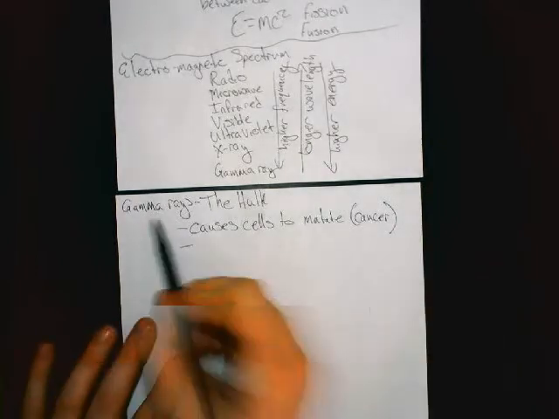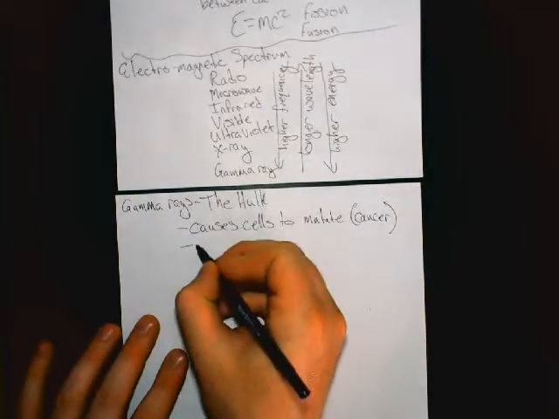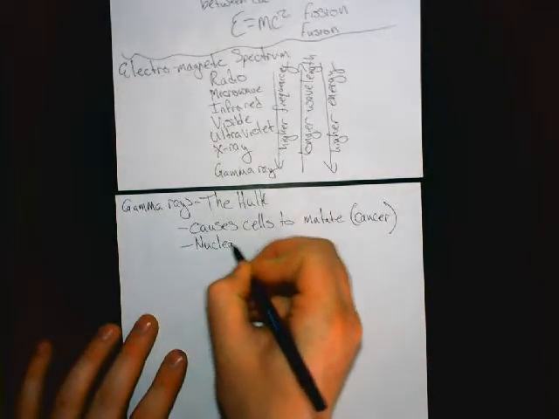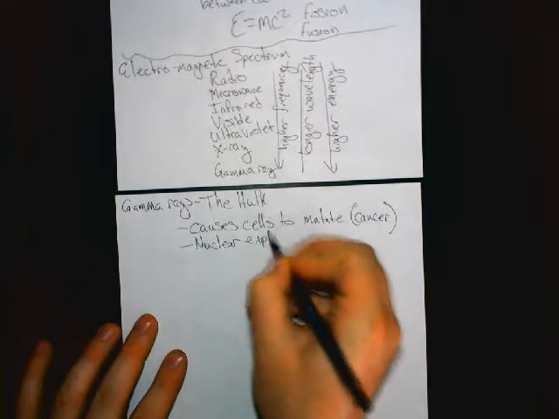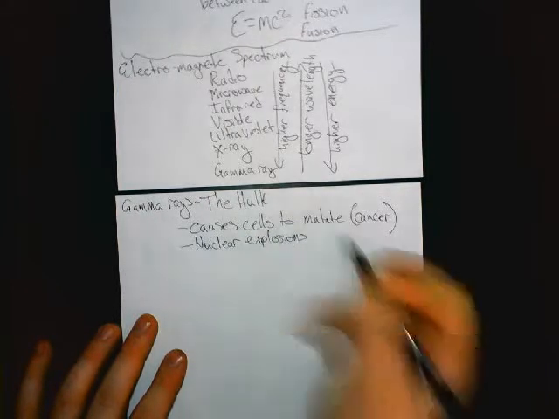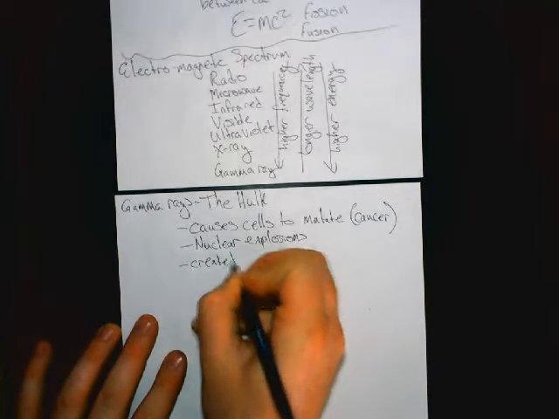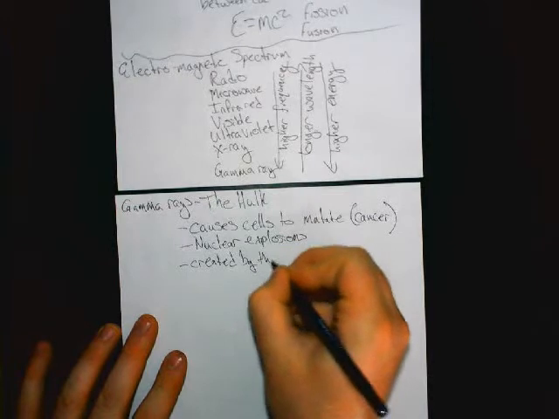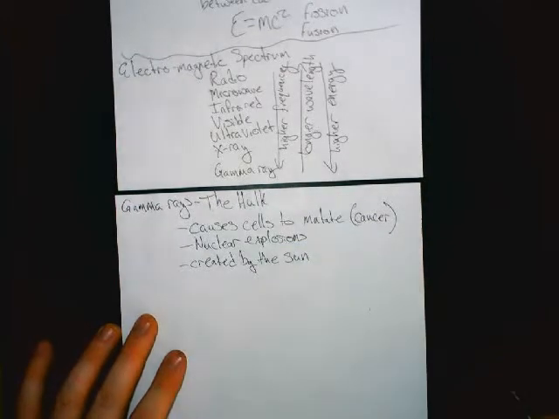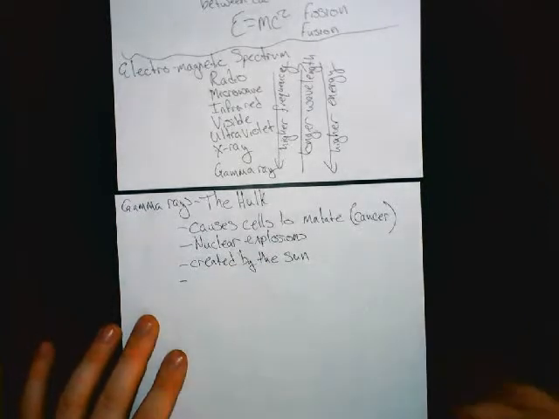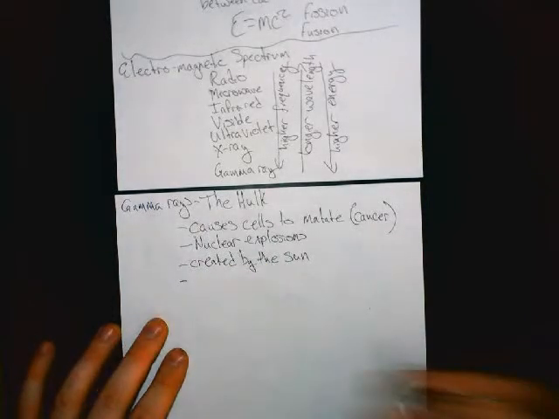Okay? So, gamma rays, we see these in nuclear explosions. We also see them being created by the sun. Radioactive materials give them off. And we can use them for radiation therapy.